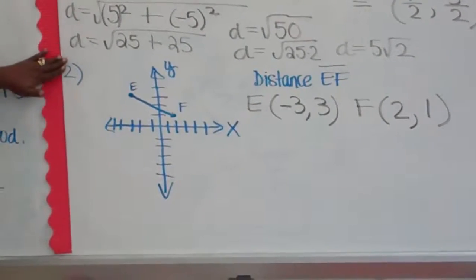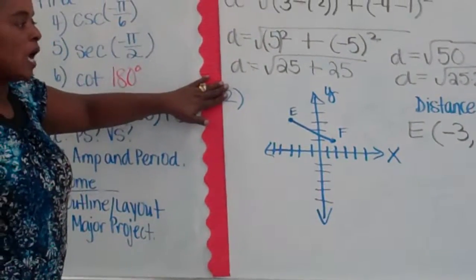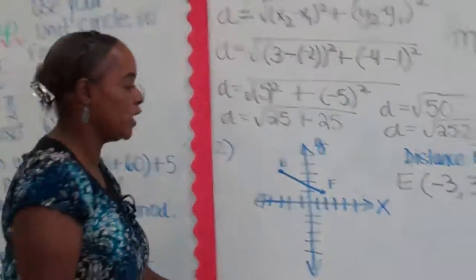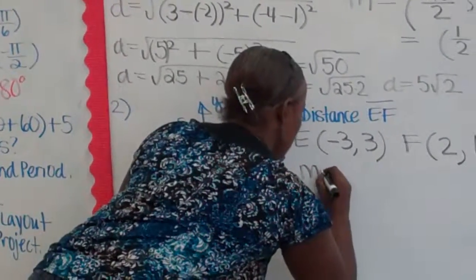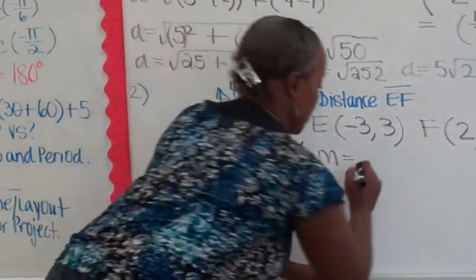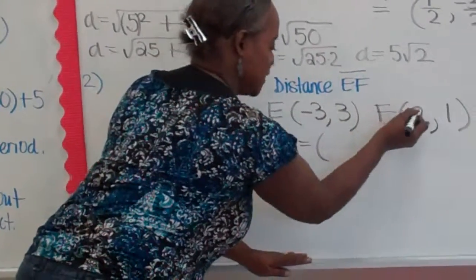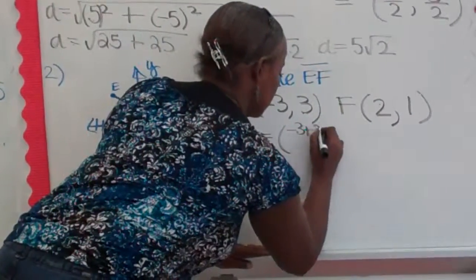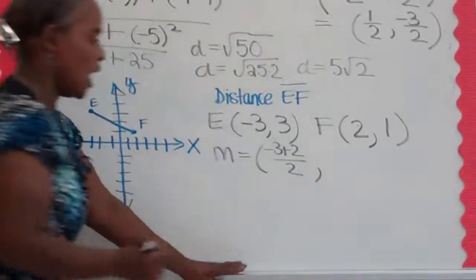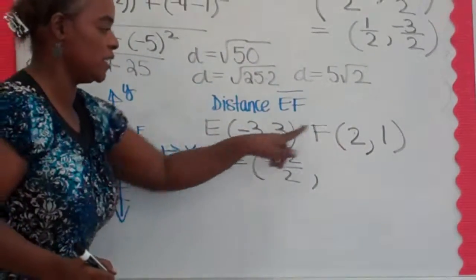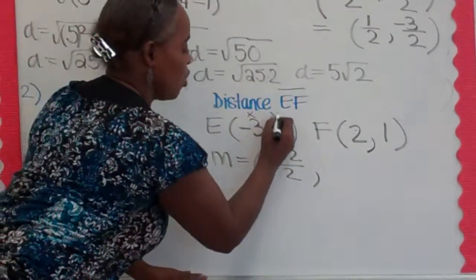Now we're going to do the distance formula and the midpoint formula. I'm going to start with the midpoint. The midpoint of this segment is to add the x's, divide by 2, comma, add the y coordinates. Pay attention to what you're doing. Remember, this is x and y.